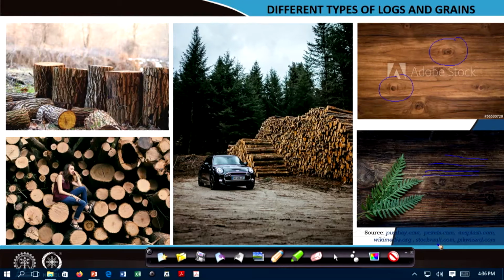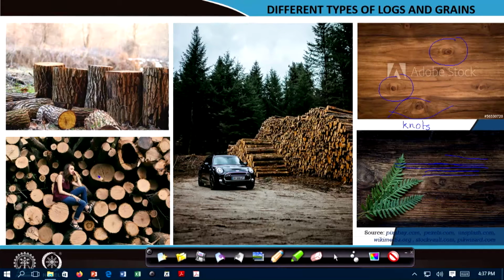These show the grain, how the xylems and phloems move, and how they were interrupted due to wind, which eventually gave such knots. They may be good, they may be bad, but they give a beautiful texture to the wood surface. Seeing these lines and knots, you can even go for some identification criteria.